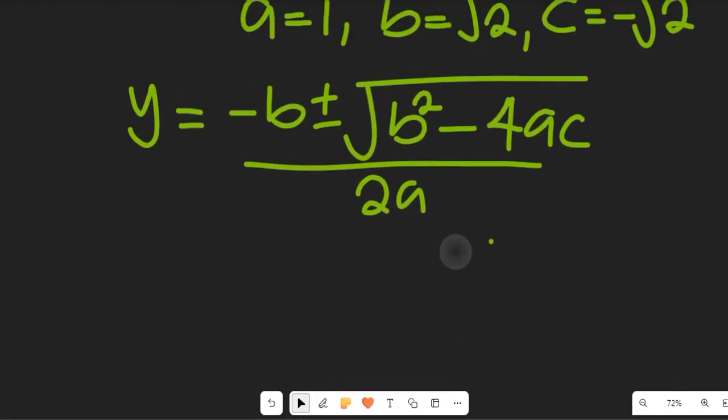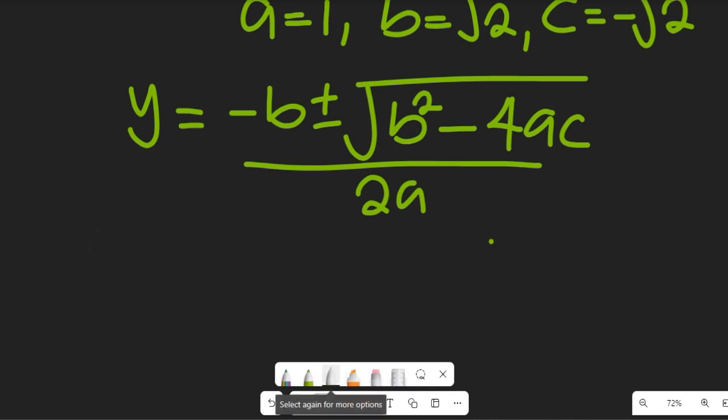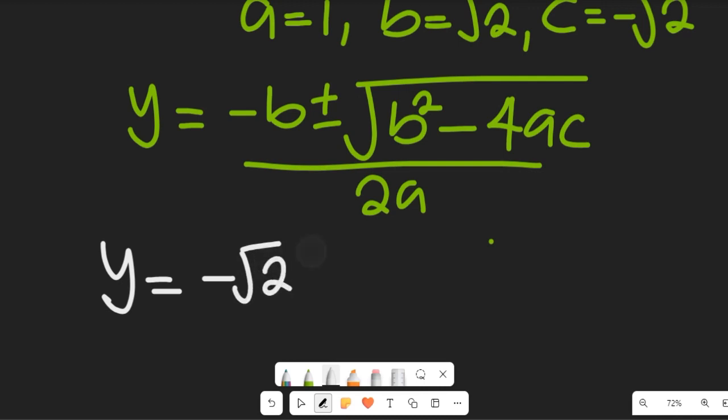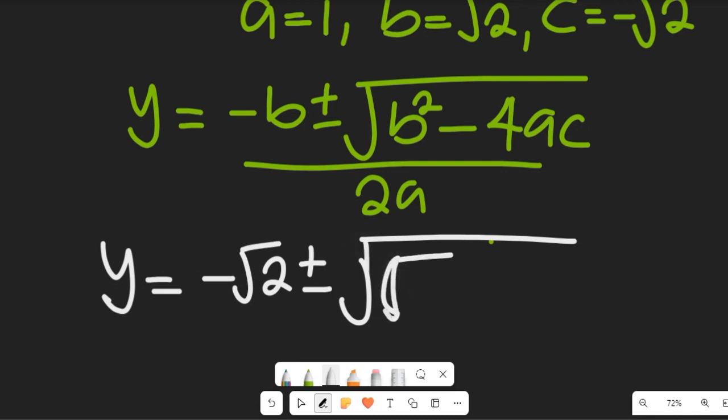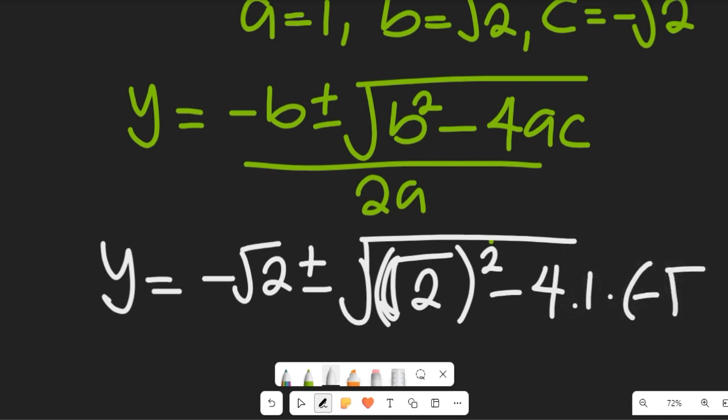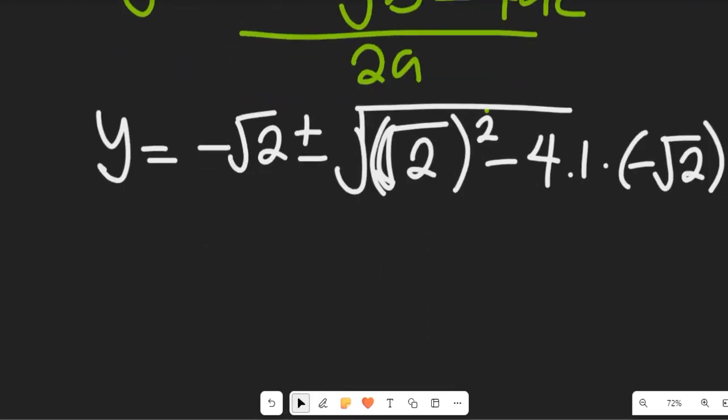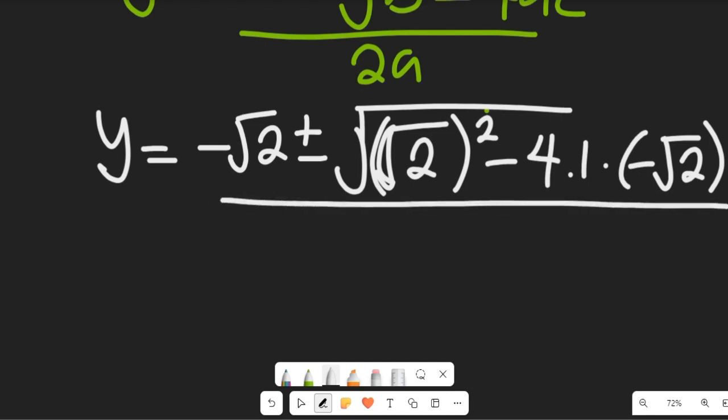So the value of y will now be equal to negative square root of 2 plus or minus the square root of 2 squared minus 4 multiplied by 1 multiplied by negative square root of 2, and all these will be divided by 2 multiplied by 1.